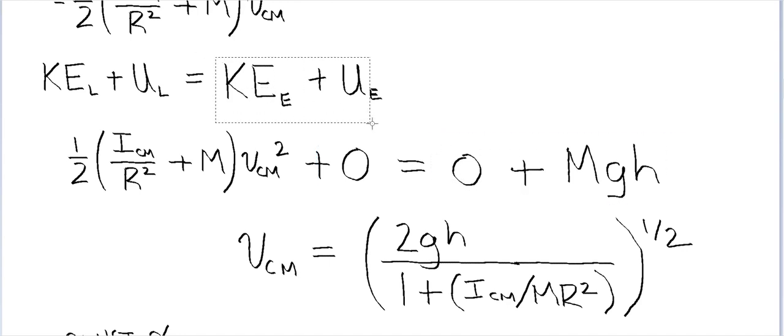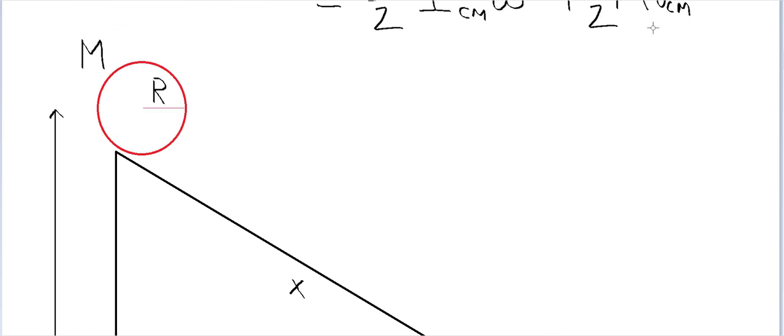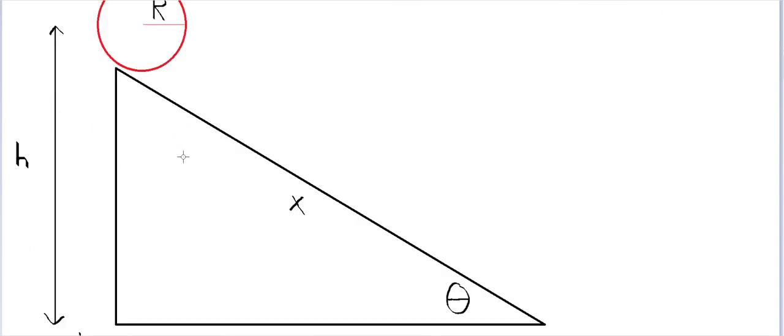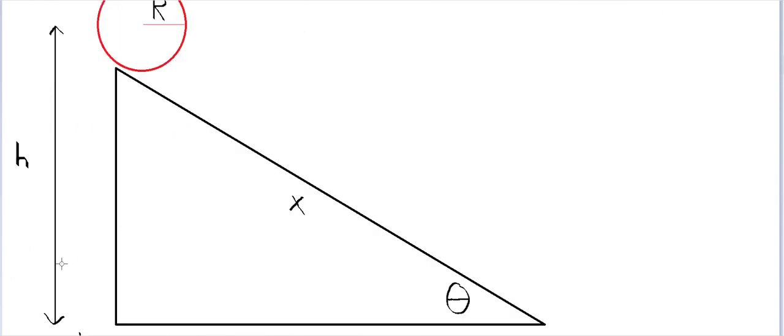And then the earlier values, well, at the beginning, if we release this thing from rest, it has no kinetic energy because VCM is 0, started at rest. But it is some height h above our floor.